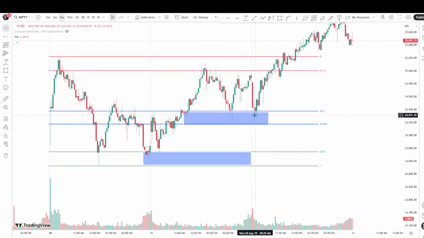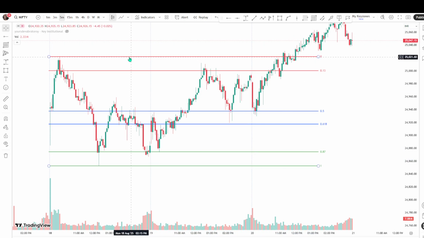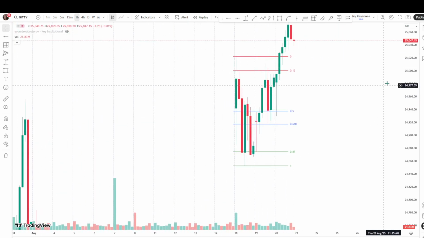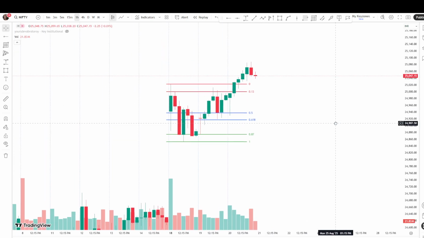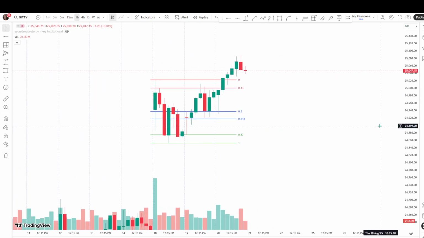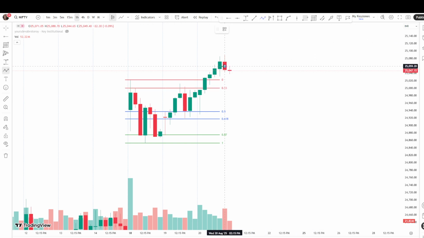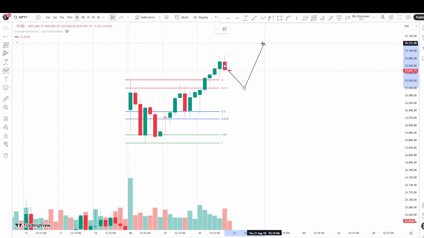Now if we remove all this and move into the 1 hour time frame, this GAN box, I am more interested in a dip around this level again, at 25,000. Then I am more interested in the upside.